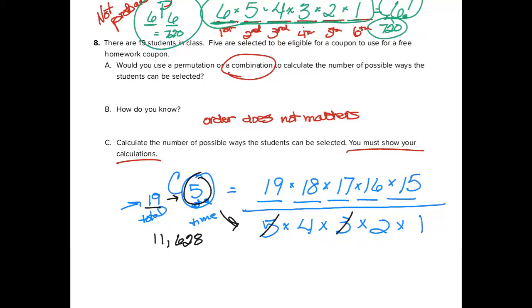I'm going to simplify a little bit here. 5 times 3 is 15, and 15 divided by 15 cancels out. 4 times 2 is 8, and 16 divided by 8 is 2. So if I multiply all those numbers together, 19 times 18 times 17 times 2, I get 11,628. Do you know why that did not work for you?